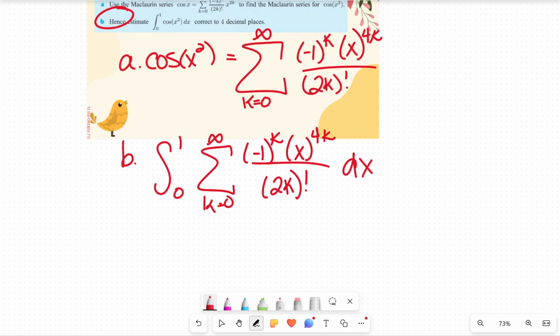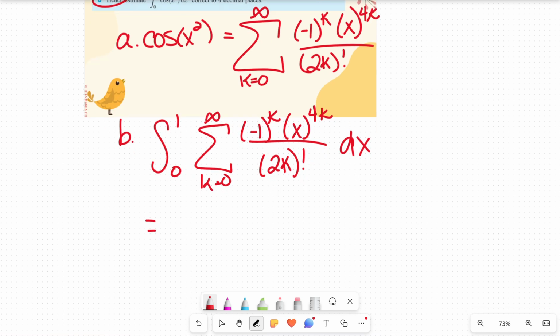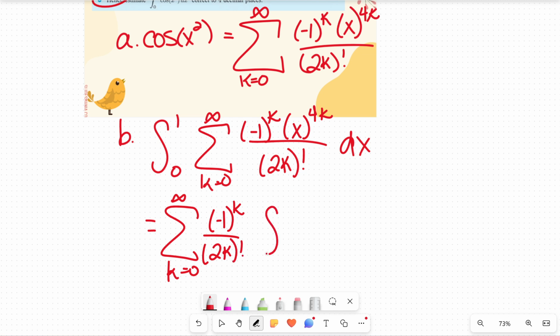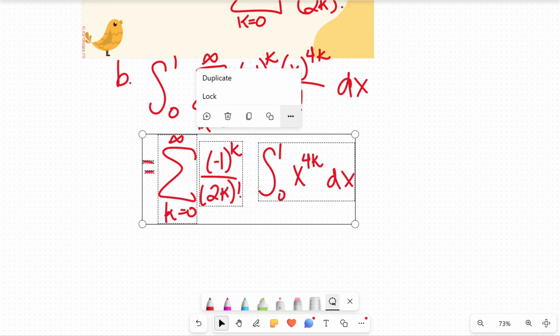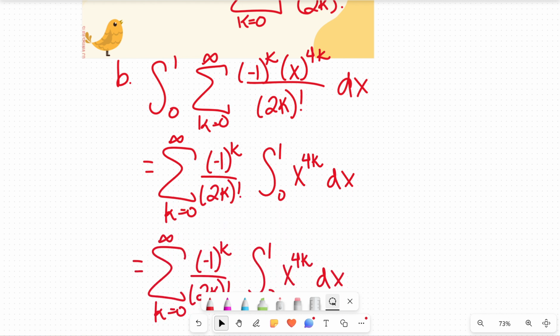For this one, I am going to separate my integral, so I'm just going to focus on this second part. So my summation, k equals 0. My constants, I'm just going to bring out front, negative 1 to the k over 2k factorial, and then I'm really only focusing on this part right here. Now when I go to integrate this, remember I'm adding 1 to my exponent and dividing by the new exponent. So again, I'm just going to copy this down.